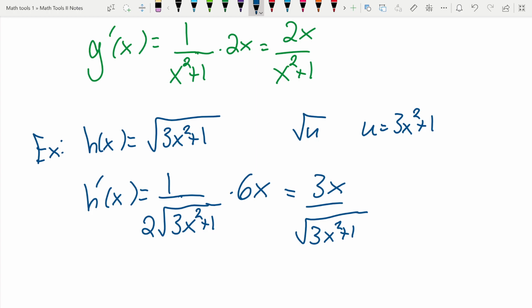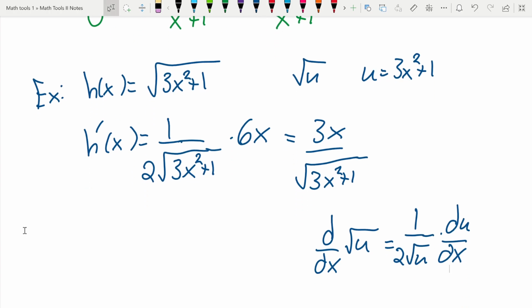So it's like you're doing the derivative of the square root of u, which is 1 over 2 root u, but then you have to multiply by u's derivative. Okay, so that's kind of what I was trying to get at with the notation up above, right?